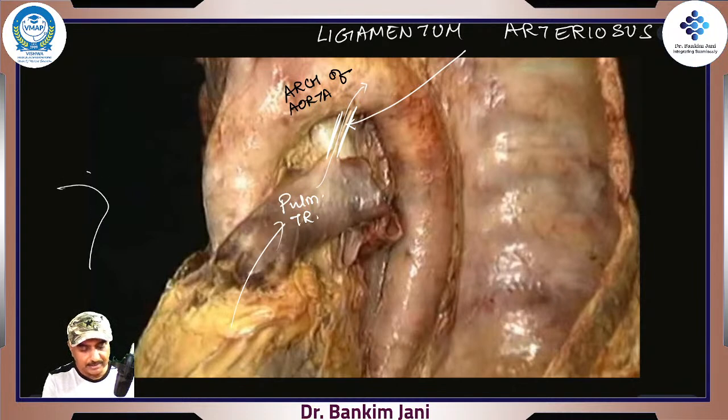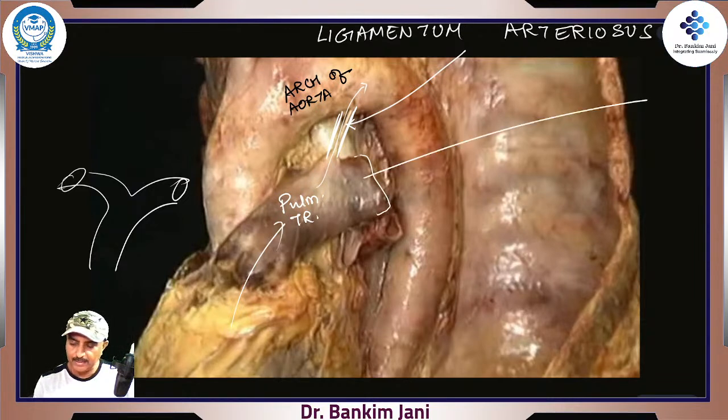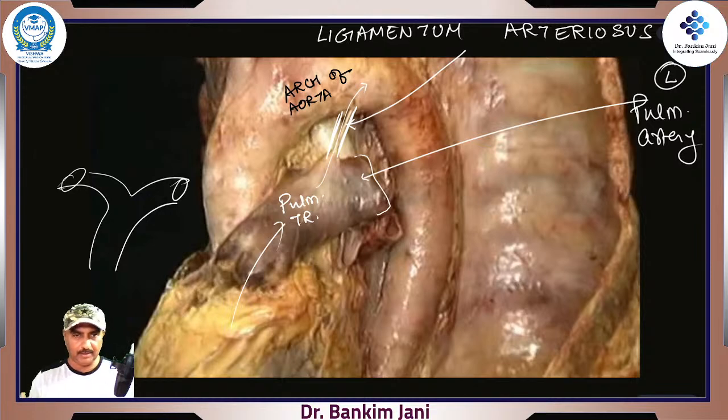It divides like this, right? And as we watch it over here, this entire caliber, we are on the left side, right? So this is left pulmonary artery. From heart to lungs, pulmonary artery.